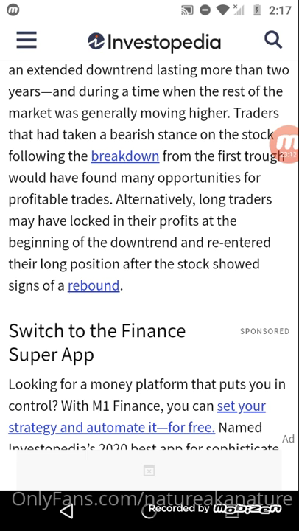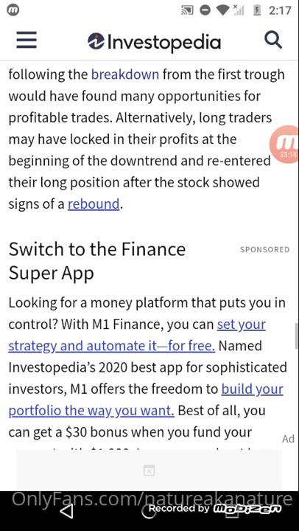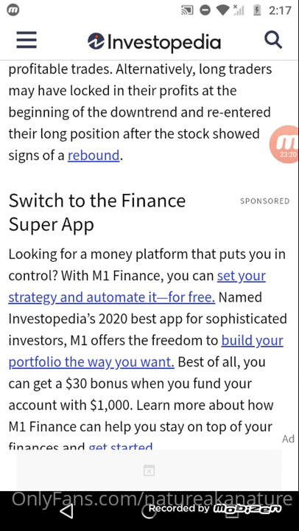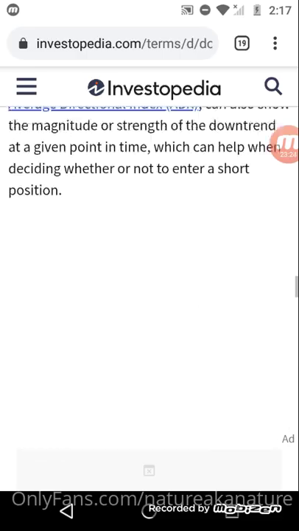In the news too, also the news. Type in TradingView.